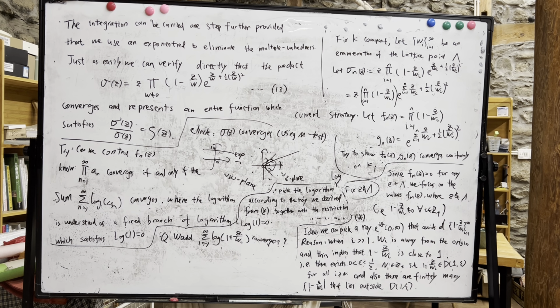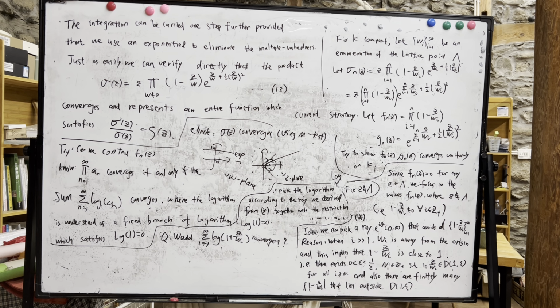And when we take the log, what happens to the radius when the point is getting closer and closer to 1? The radius must be getting closer and closer to 0, right?